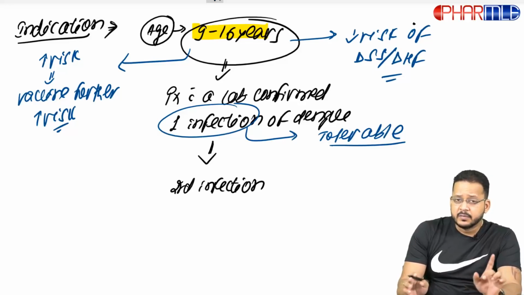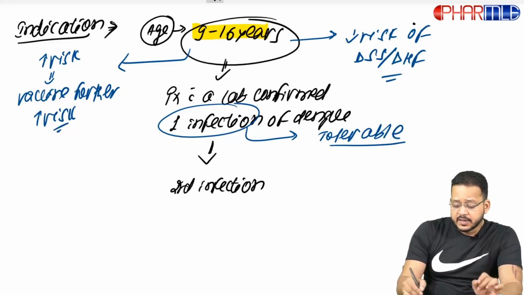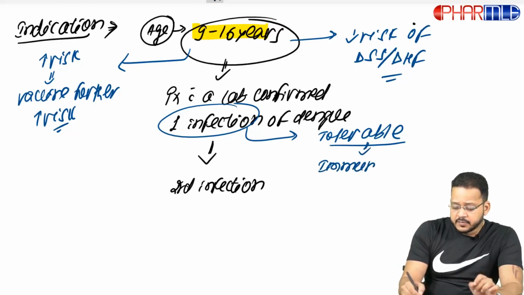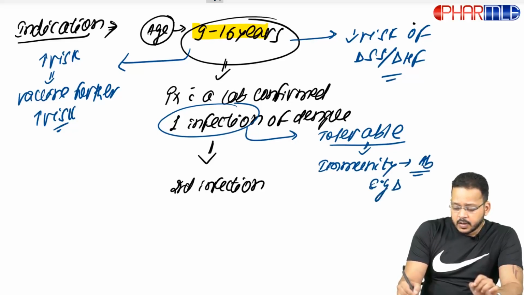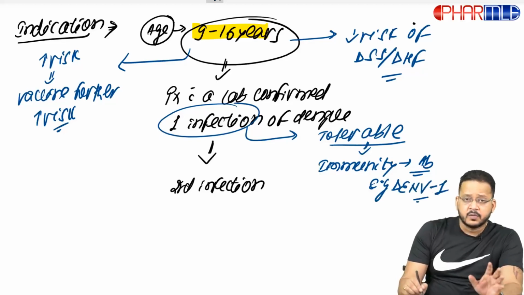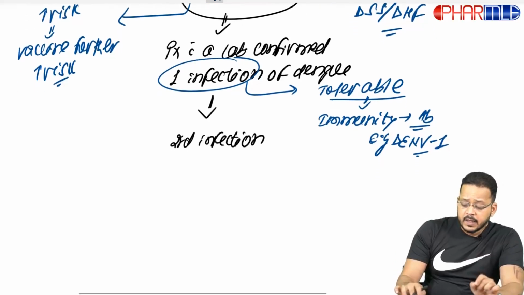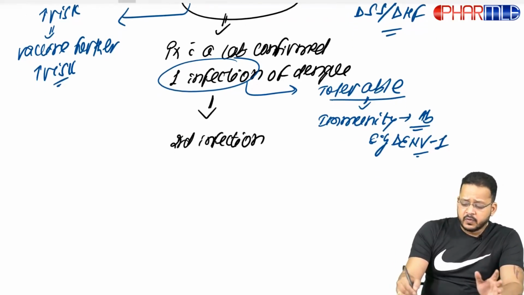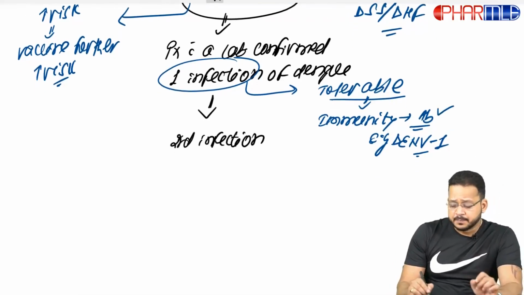They develop it only in the second. Why? In the first infection it is tolerable, but the body develops immunity. Our body develops antibodies. For example, suppose a patient was infected with the first strain of dengue virus, Den-V1, and antibodies were obviously developed against Den-V1.